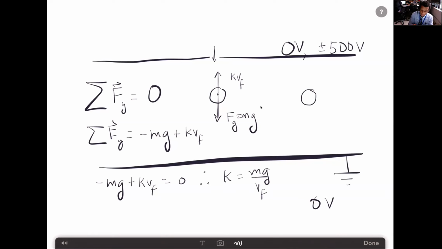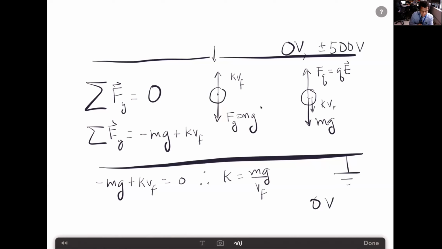If it's accelerating upward, there is a force sub Q. This is just going to be the charge times the electric field, the charge on the oil droplet times the electric field. You still have your weight, mg, and now you have a resistive force acting against the motion of the oil droplet. So this is going to be k v_R, for rise.